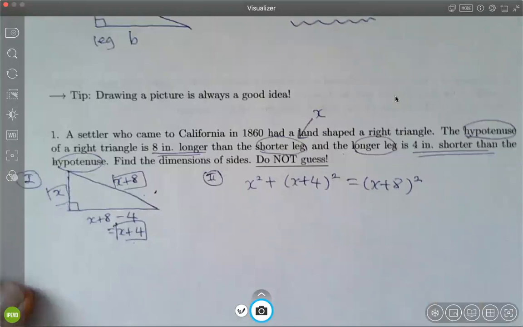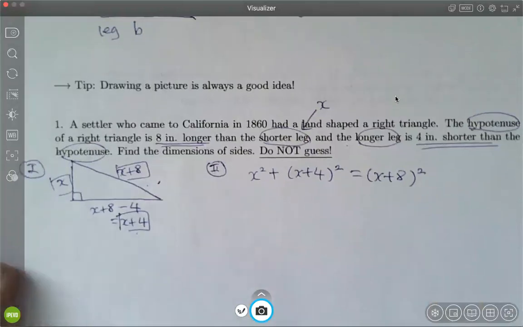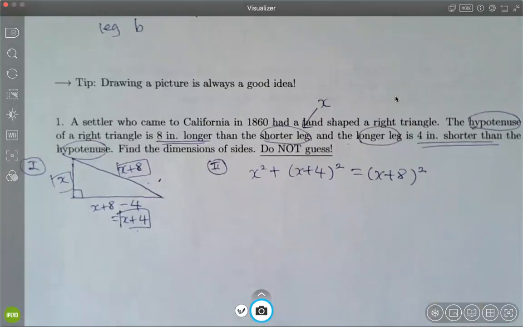Okay. And now we just have to solve this. Now to solve, what do we do first?